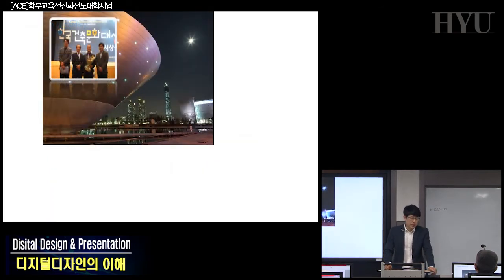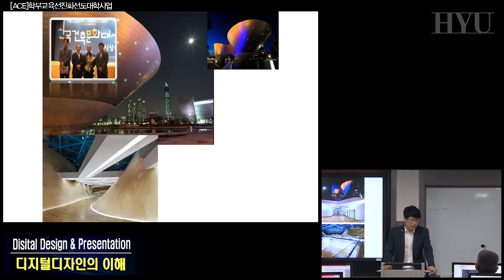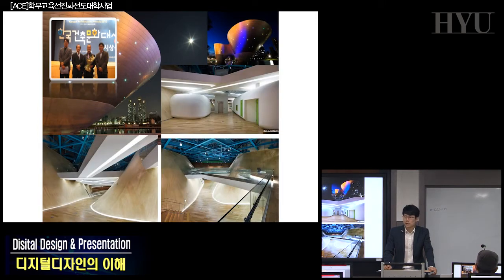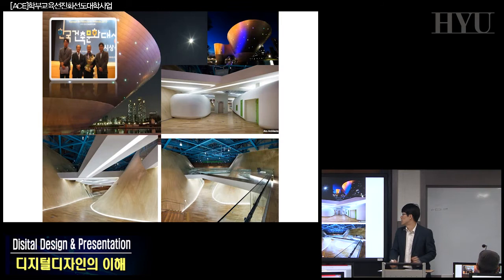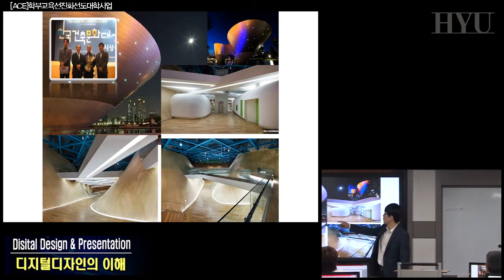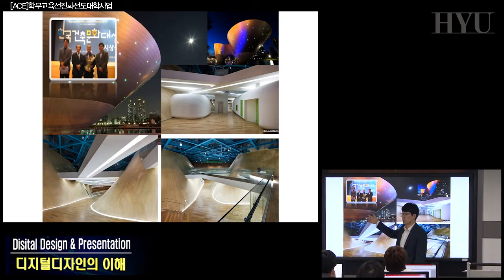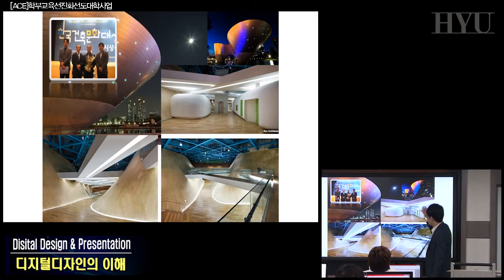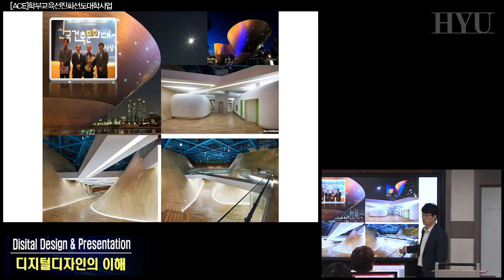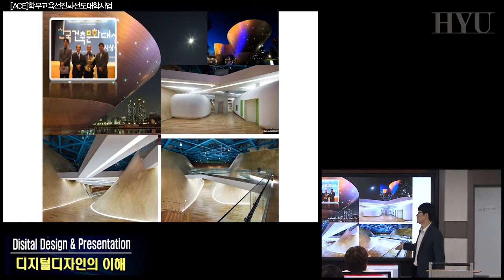So they got a design award from the government, and thanks to that non-uniform shape of the building skin, as you see here, the building shape is very unique. And the interior finish is also very different from orthogonal, box-shaped buildings like this.